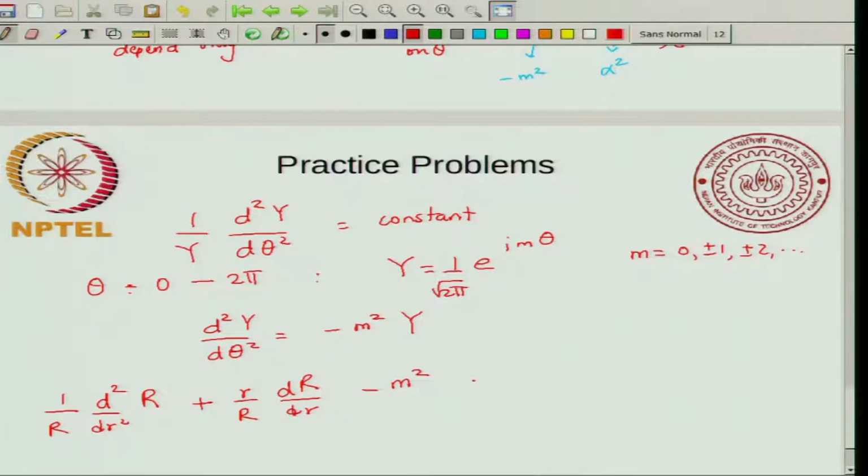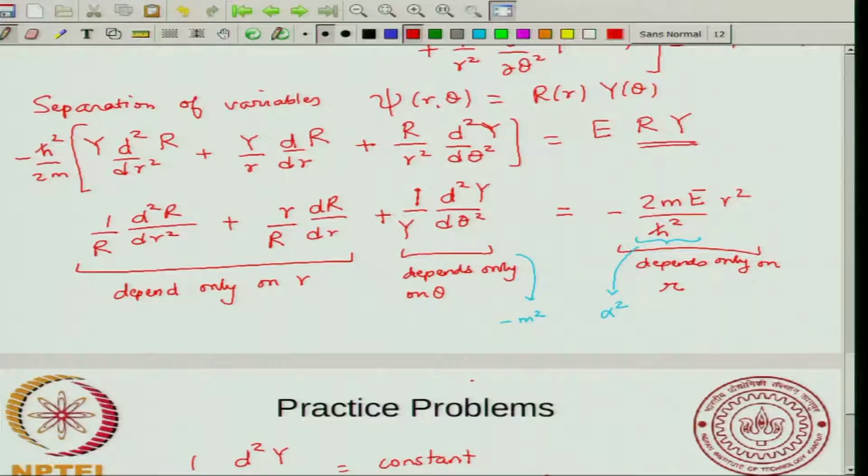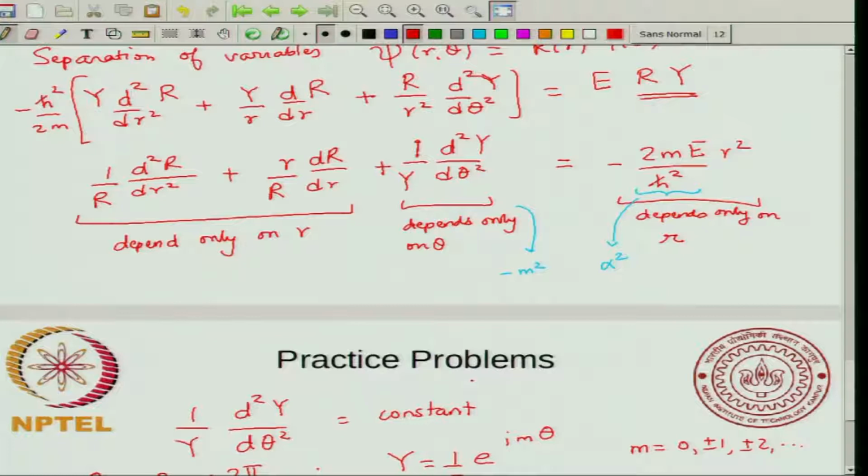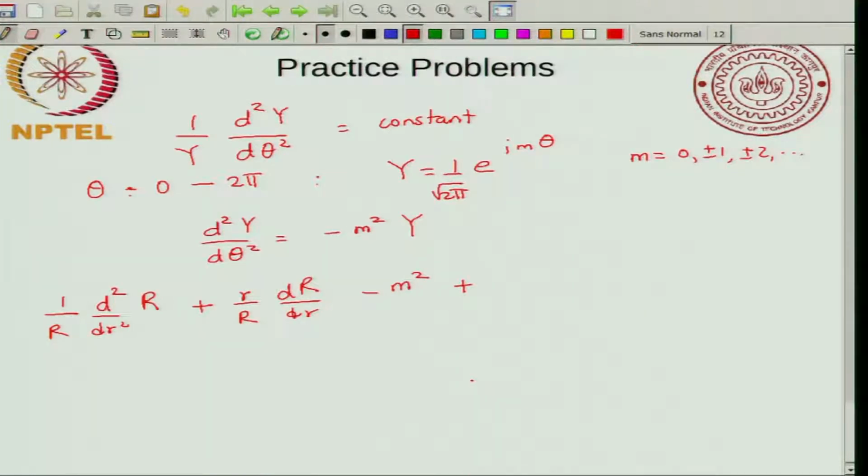and I'll bring the alpha to this side. So I'll just write plus alpha square r square equal to 0.